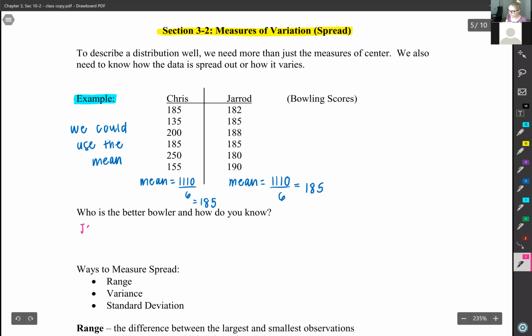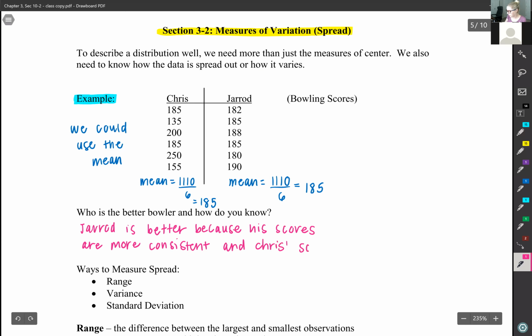So I would say that Jared is better because his scores are more consistent and Chris's scores are spread out.